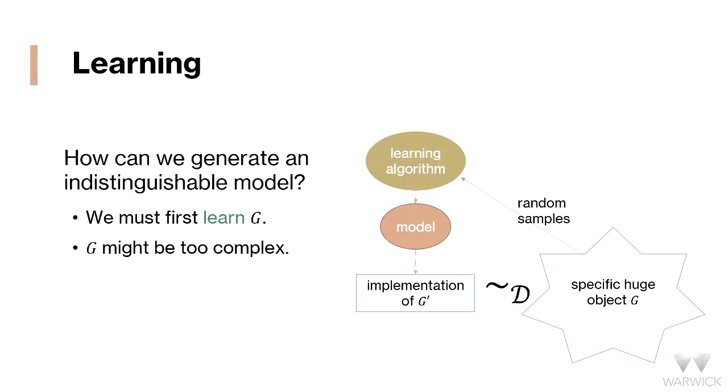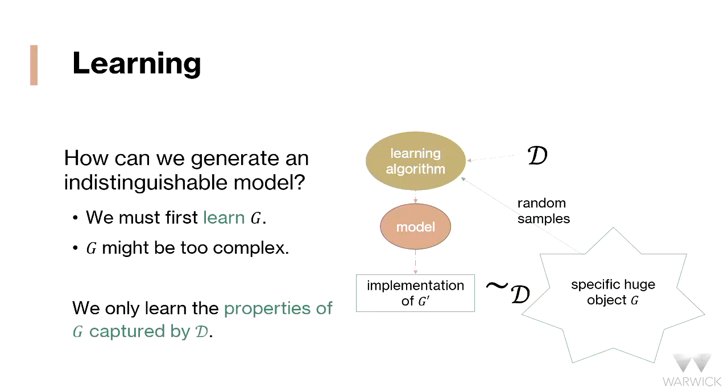So what it can only do is learn the properties that we need. If we want an indistinguishable model, it knows what the distinguishers are, and it only learns the properties that the distinguishers check. So if we want to keep the degree distribution, then it needs to learn the degree distribution. If we want to keep edges across the cut, it needs to learn the edges across the cuts that it checks. But sometimes we might want more properties that cannot be verified by the distinguisher, which is an efficient algorithm.